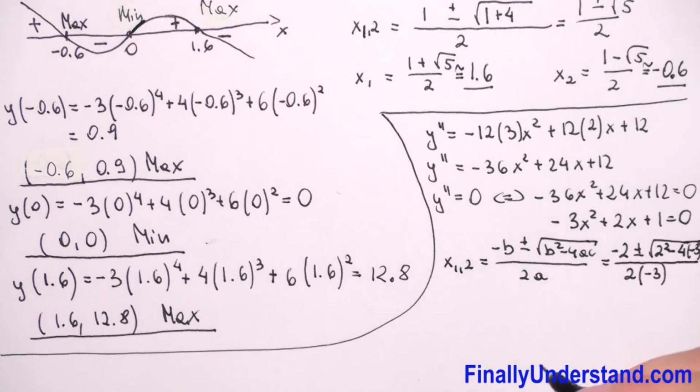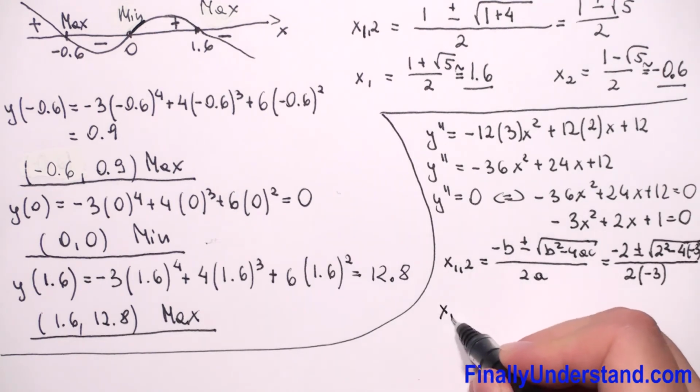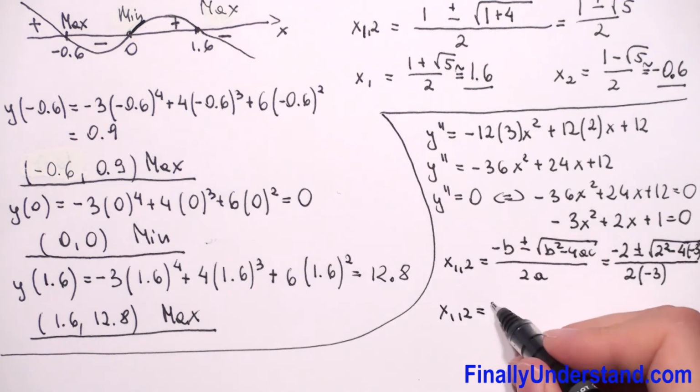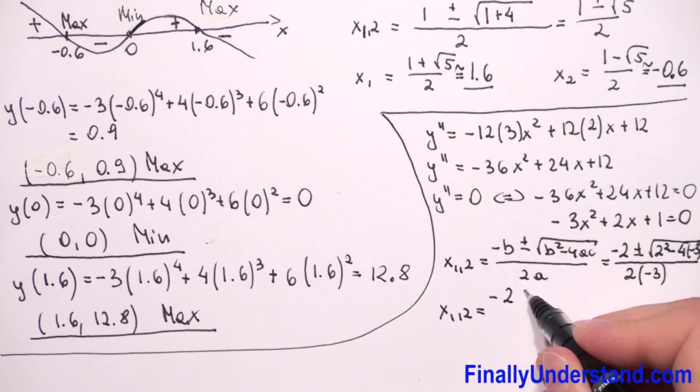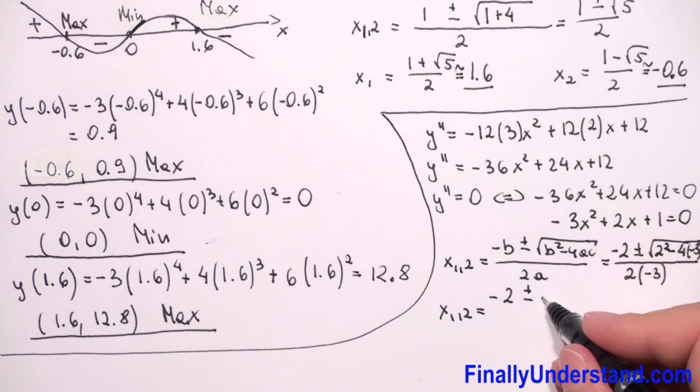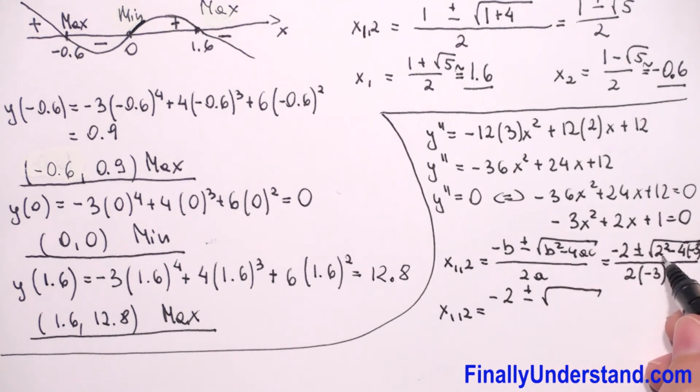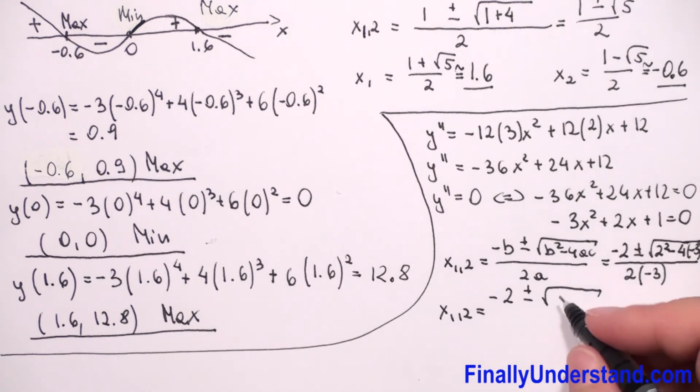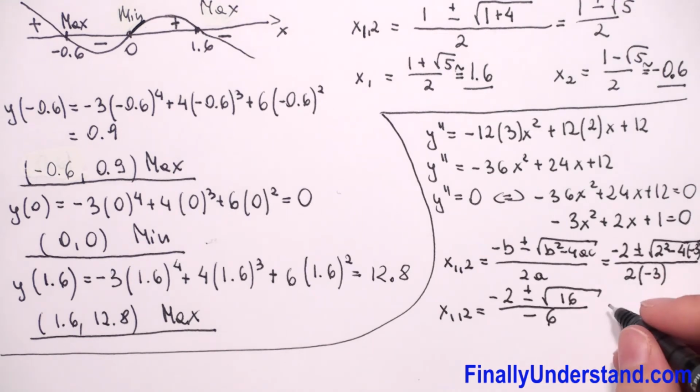This is equal to x1,2 equals minus 2 plus minus square root of 2 to second power is 4, minus and minus give me plus 4 times 3 is 12. So 4 plus 12 is 16 over negative 6. So this is equal to negative 2 plus minus square root of 16, which is 4, over negative 6.